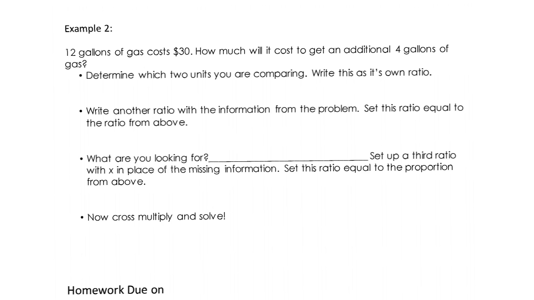So I do that by dividing both sides by 12. And I get x is equal to what? 10. But 10 what? 10 gallons, 10 billion cents, 10 hares, 10 penguins? $10. Okay. And that's all.